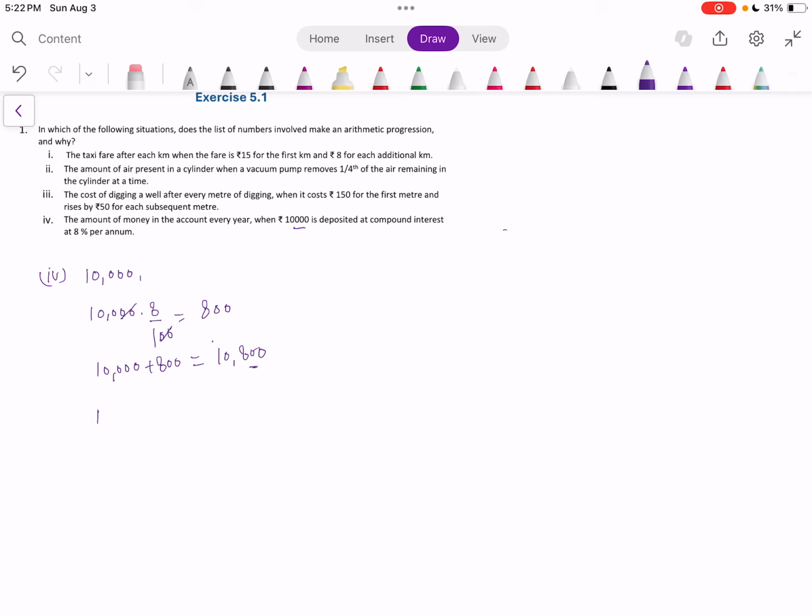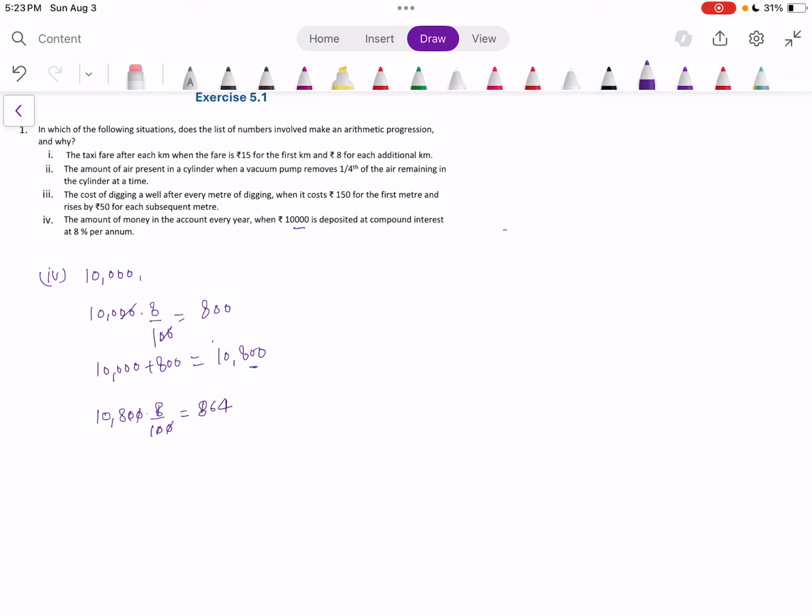It compounds, so I get 8% of the amount that I have right now, not the amount that I had initially. So the next year, when I have 10,800 in my account, I'm going to get 8% more of this amount. So my amount would increase by 108 times 8, which is 864.